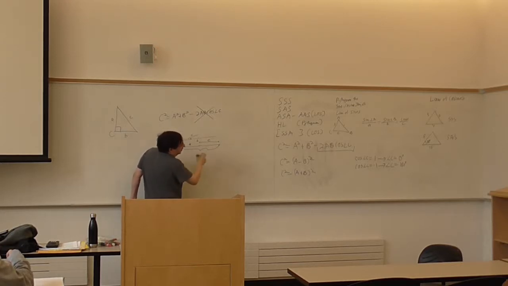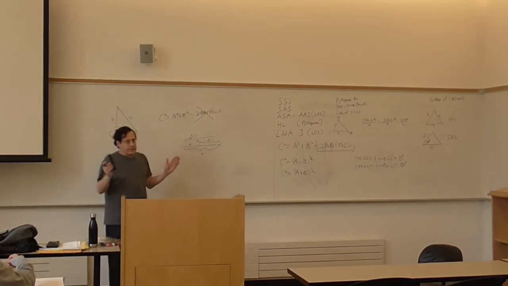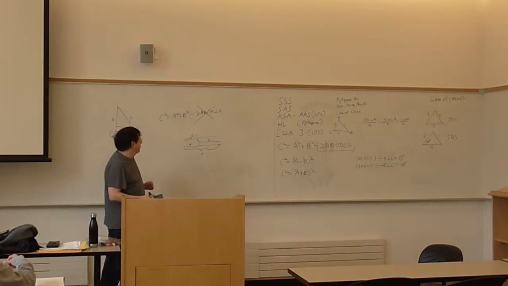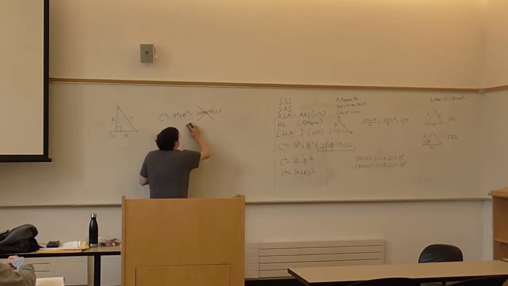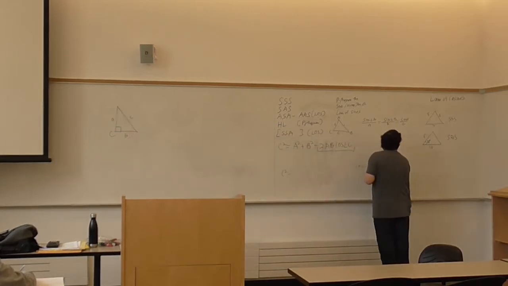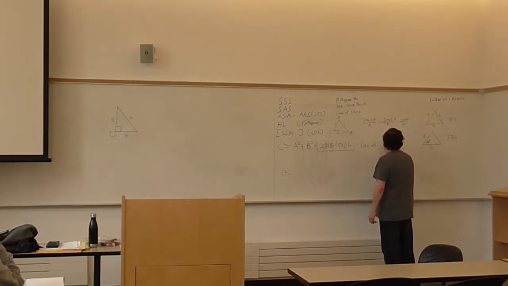Like in my example, a minus b would be negative, but we're squaring it. So I guess it's important we're squaring it. (b minus a) squared is equal to c squared. So in the limiting cases, we can see that this formula works. All right, that's not going to come up very often. Let me give this a label here. This is the law of cosines.